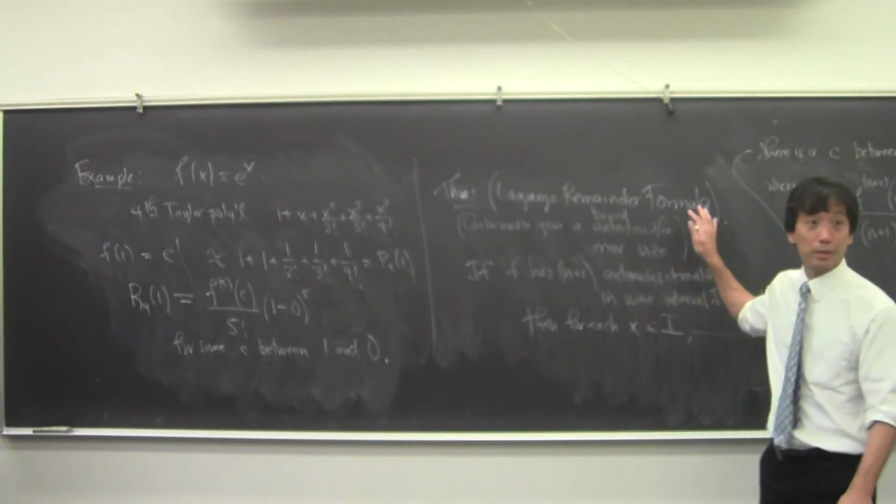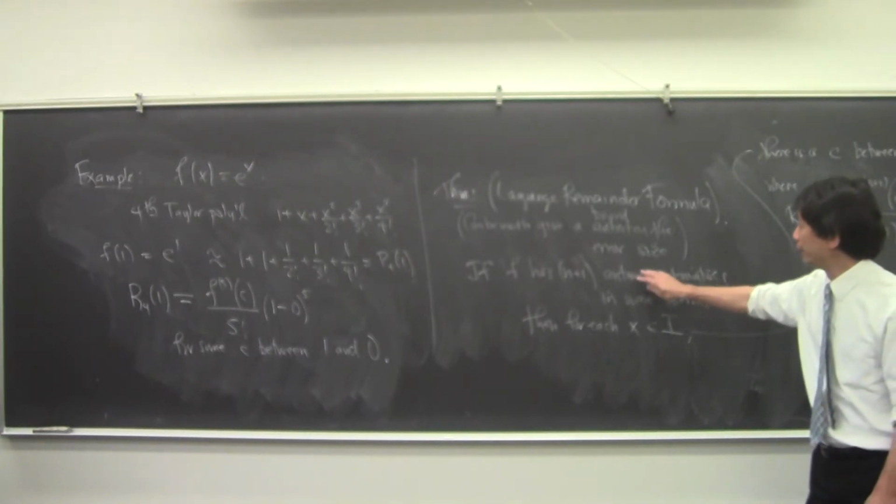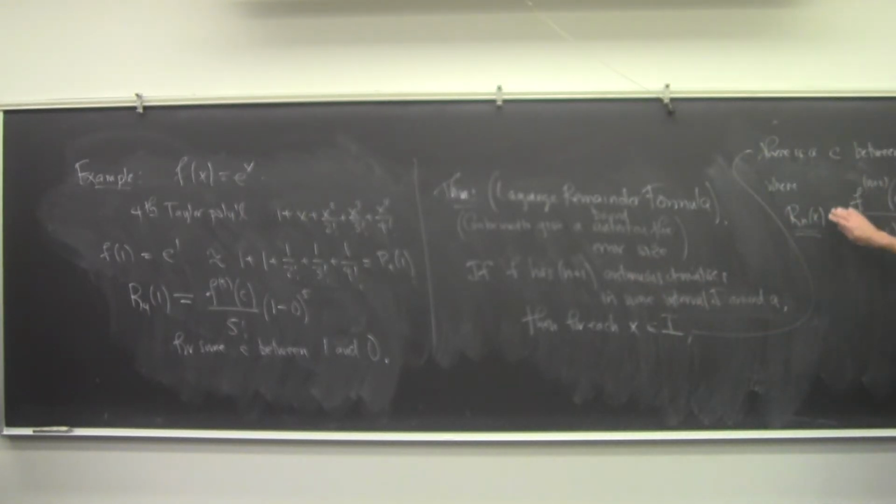Does that make the statement clear enough for you? It says that if you have some function and you're trying to figure out the error, the error actually equals the n plus 1th derivative of your function evaluated at some point between x and a, times x minus a to the n plus 1 over n plus 1 factorial.